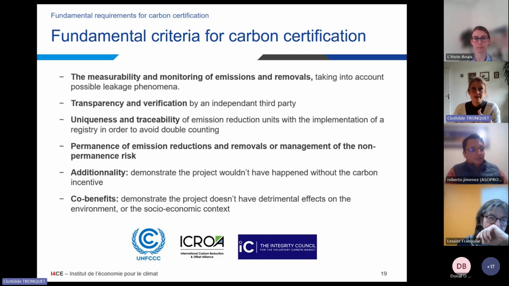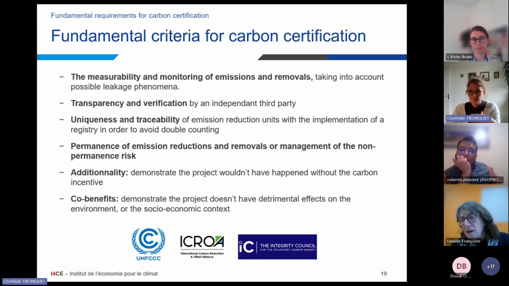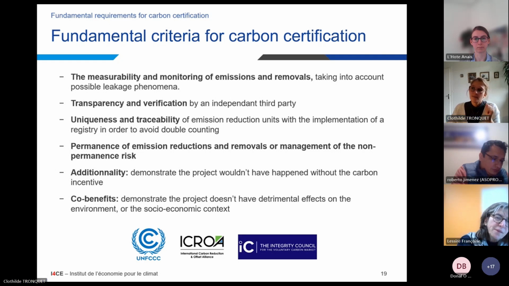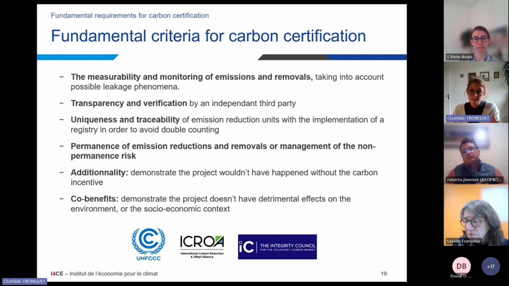And today you also have major voluntary organizations that diffuse these criteria. The projects, the emission reductions have to be measurable and monitored. The calculation has to be transparent, verified by an independent third party.